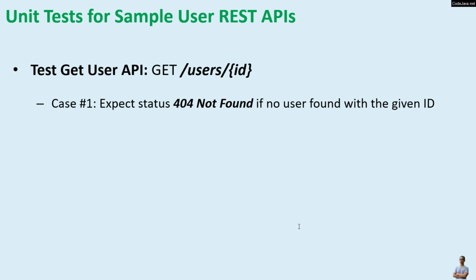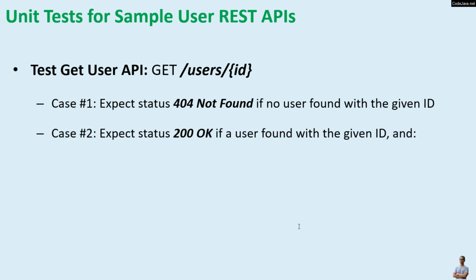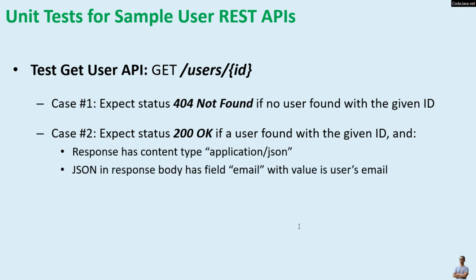And next, let's code the second unit test for the get user API. In the second case, we expect that the status should be 200 OK if a user is found with the given ID, and the response has content type application/JSON, and the JSON in the response body has the field email with a specific value, and it does not contain the field password.